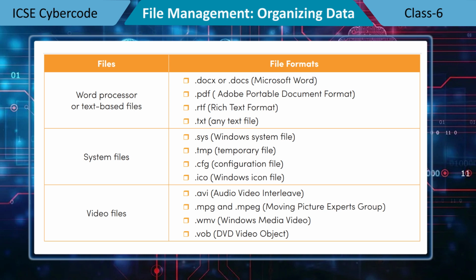Word processor or text-based files. .doc or .docx, Microsoft Word. .pdf, Adobe Portable Document Format. .rtf, Rich Text Format. .txt, any text file. System files. .sys, Windows System file. .tmp, temporary file. .cfg, configuration file. .ico, Windows icon file.